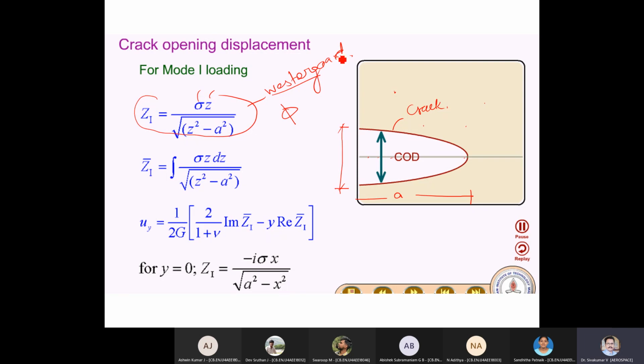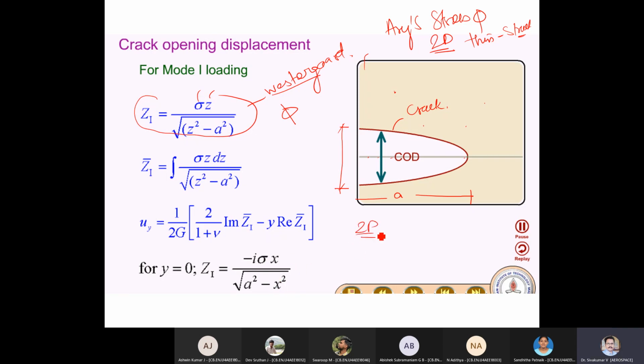You must have heard about the Airy stress function. This is a two-dimensional solution procedure. Why is it related here? Because in fracture mechanics, we are dealing with very thin structures, so it is a two-dimensional member.